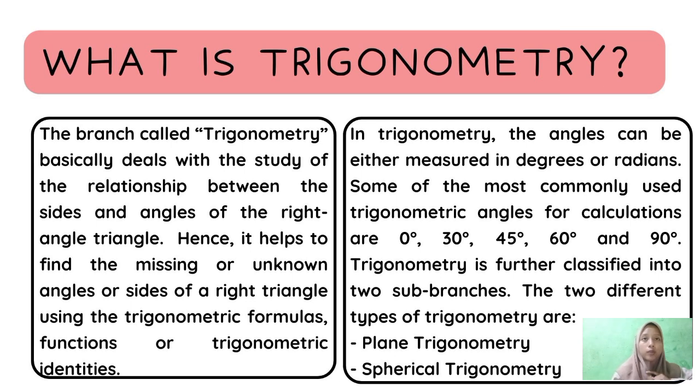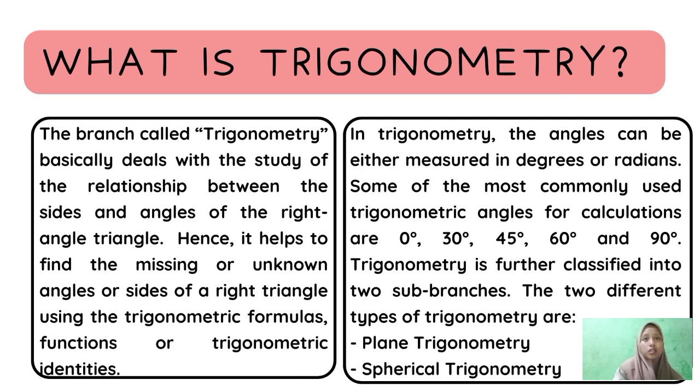Trigonometry is one of the most important branches in mathematics that finds huge application in many fields. The branch called trigonometry basically deals with the study of the relationships between the sides and angles of a right triangle using the trigonometric formulas, functions, or trigonometric identities.